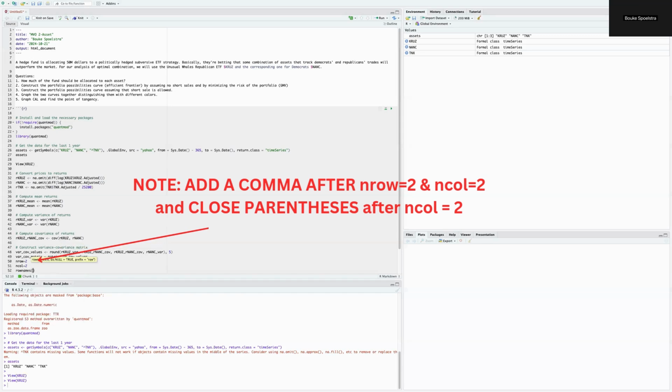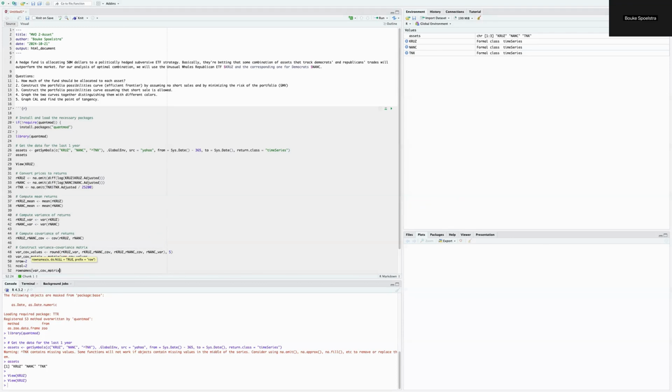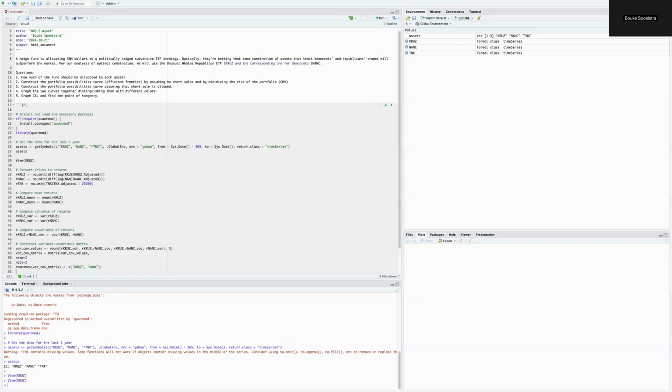Row names. Now this function will set the names. So we want this to be CRUZ and Nance. And we can also set the column names. Variance-covariance matrix.